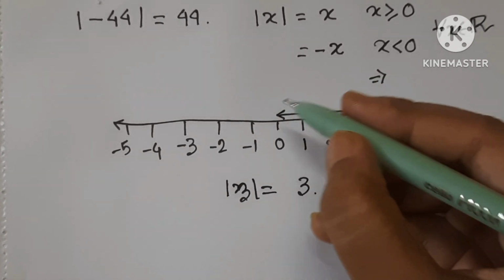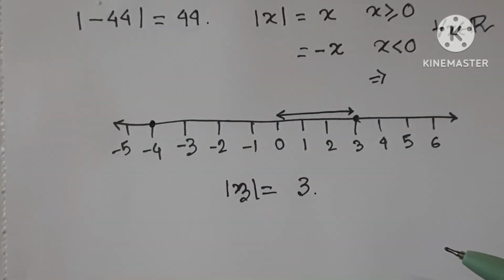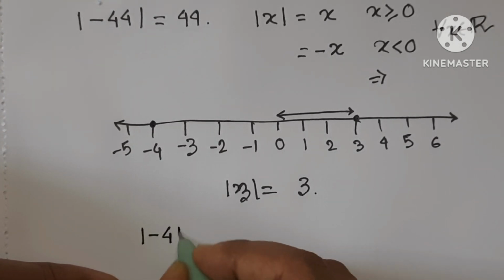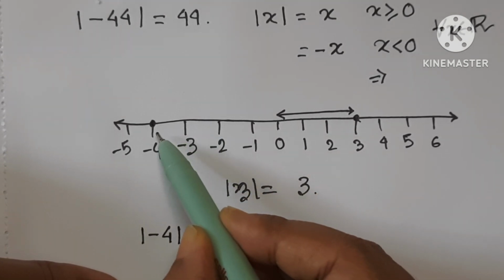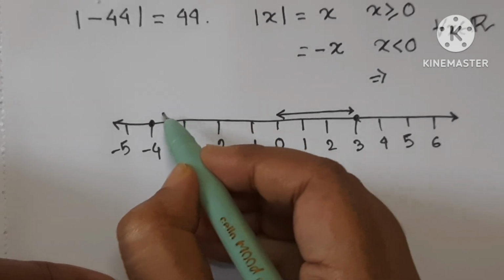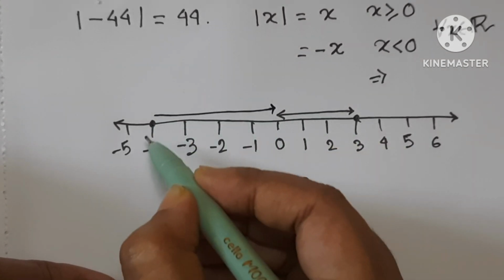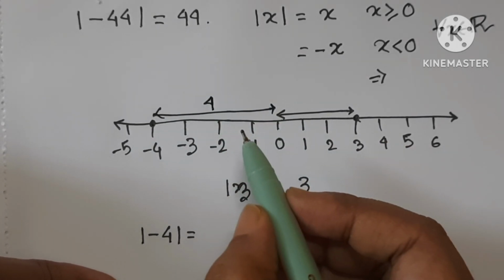Now in case of -4, this is -4. What is the distance from 0? See, the distance from 0 is 4.